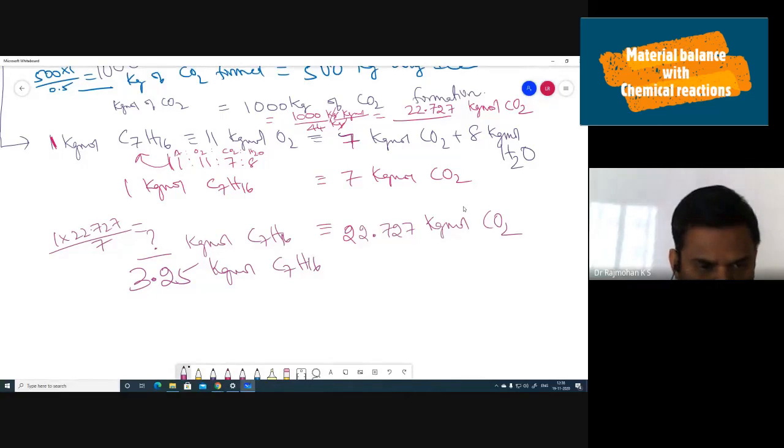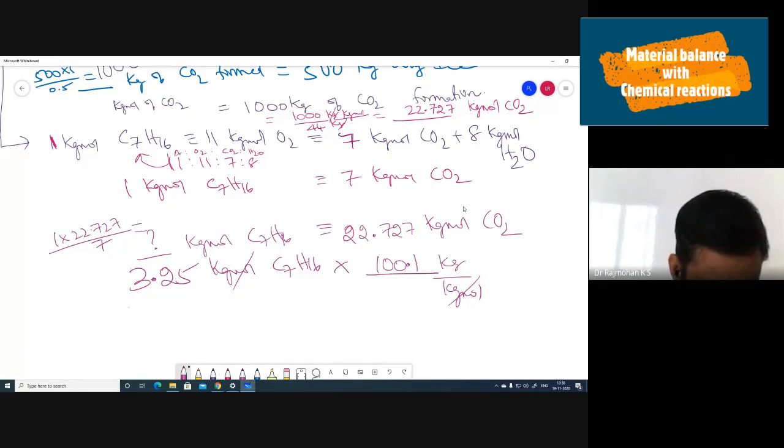Now the question is asked in mass, how many kg of heptane must be burnt per hour. So multiply by the molecular weight of heptane, 100 kg per kg mole, so we can get the answer in terms of kg.